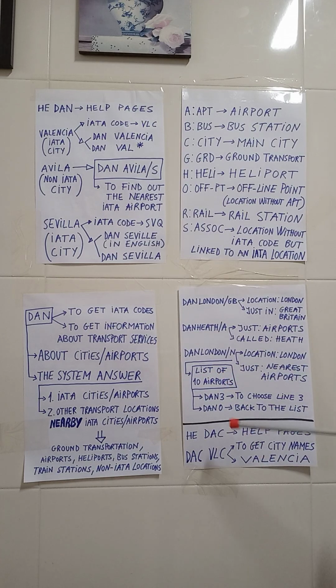Okay, and with DAN0, we will be able to see the list of 10 airports again after choosing line 3. To go back to this list, we type DAN0 to go back to the list, okay?